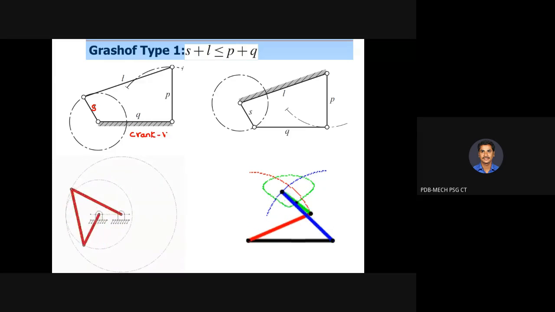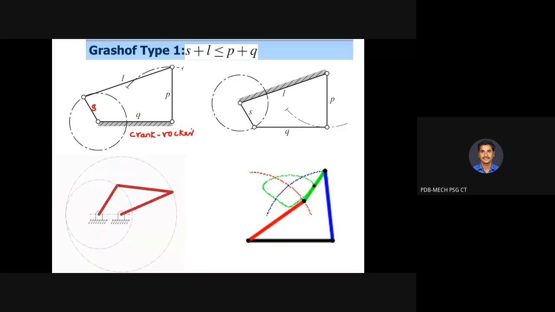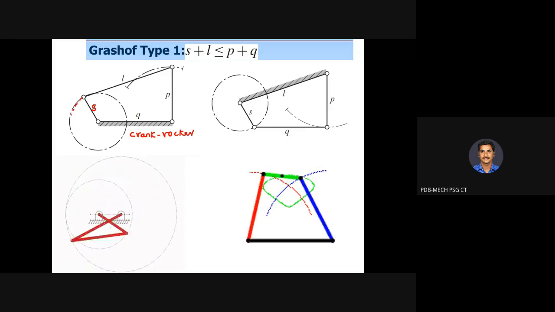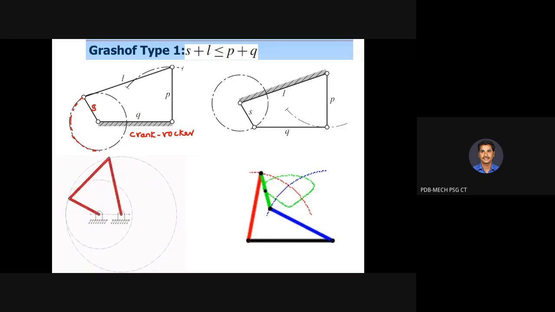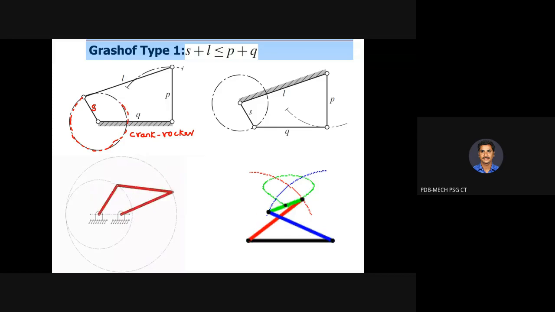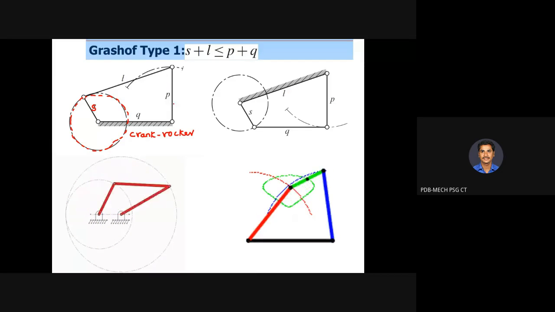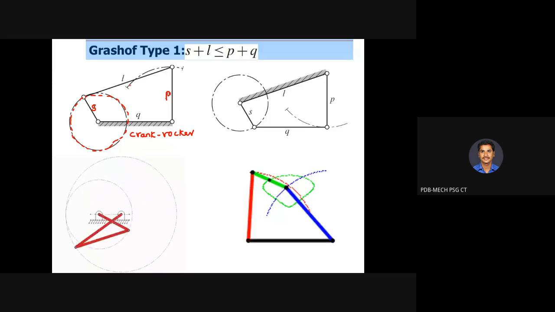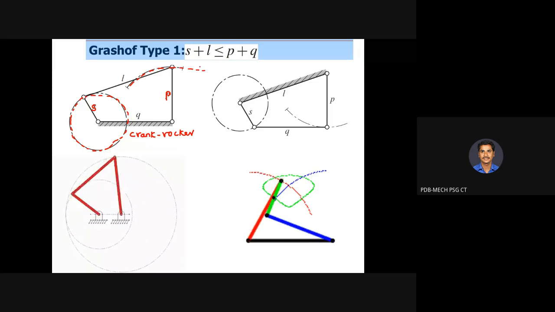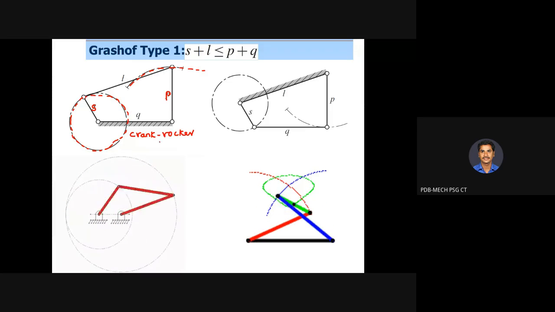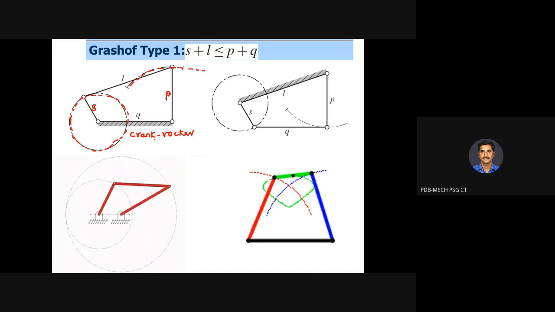The crank is rotating 360 degrees, tracing this particular path, and your rocker, that is P, is going to oscillate. It is called a crank rocker mechanism when the link adjacent to the shortest link is fixed.